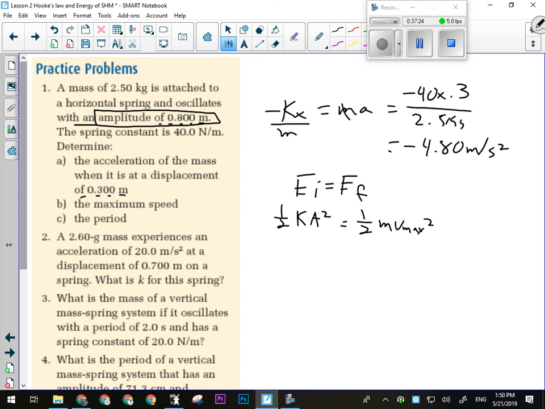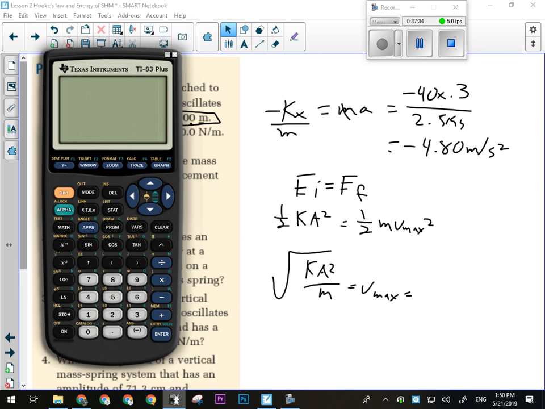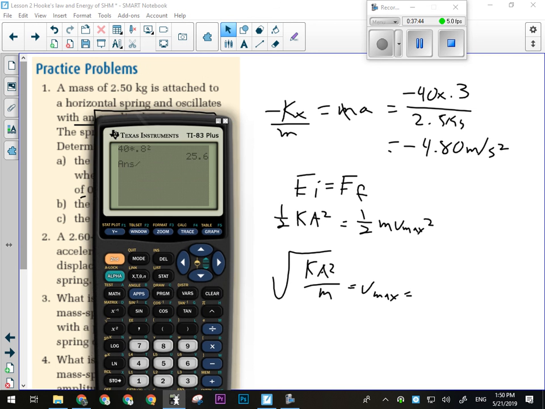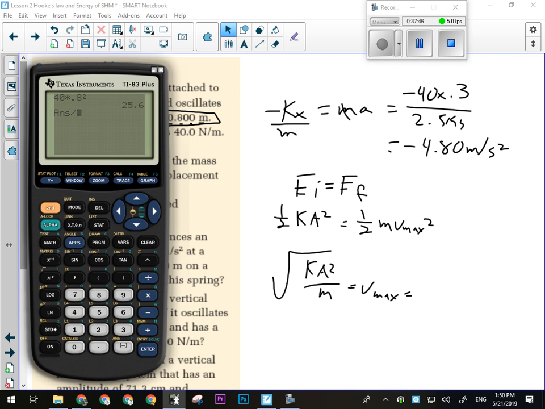So we'll have the square root of k a squared over m equals the maximum speed. That'll be 40 times 0.8 squared, divided by the mass, 2.5 kilograms, and then square rooted. So we're looking at a maximum speed of 3.2 meters per second at equilibrium.